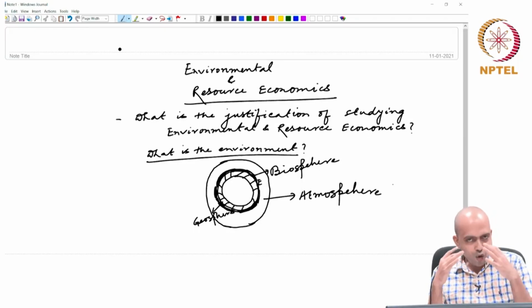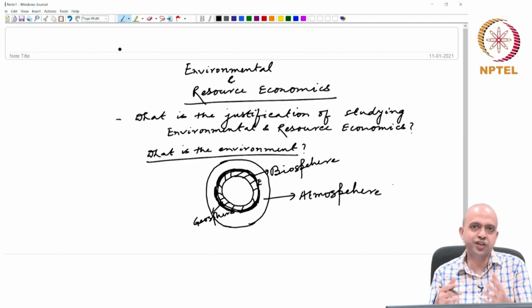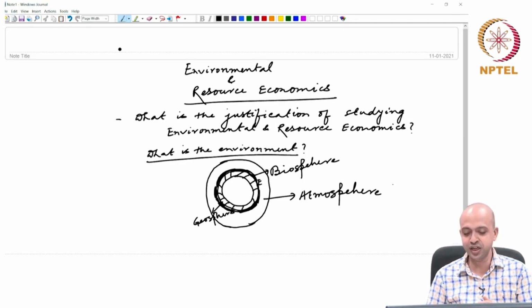That means our conceptualization of environment is basically the summation of all these three spheres: geosphere, biosphere and atmosphere.